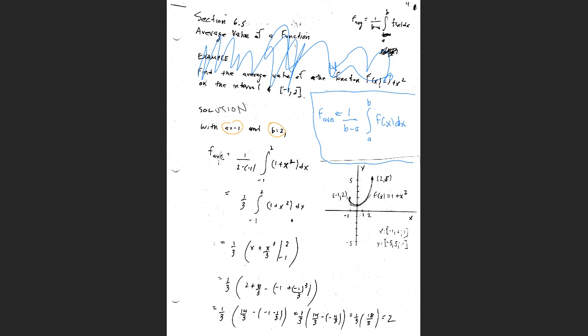Okay, so a is -1, b is 2, your function is 1 plus x squared dx. And this is just a simple integration problem. There's really not a whole lot to it.